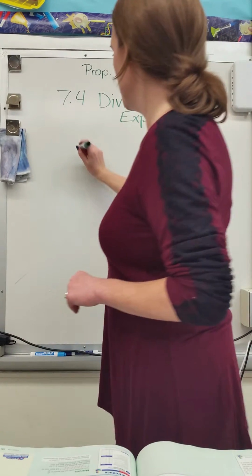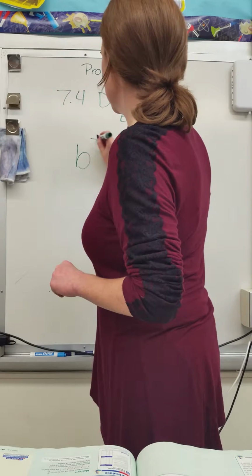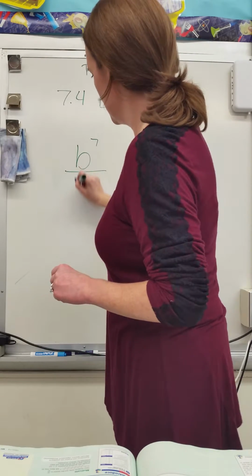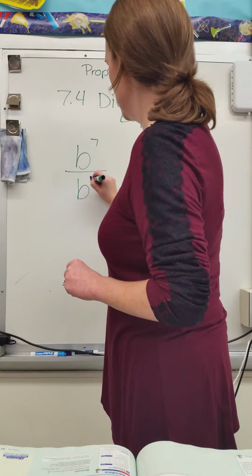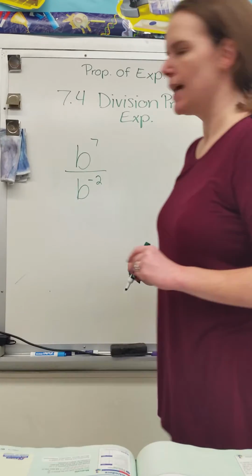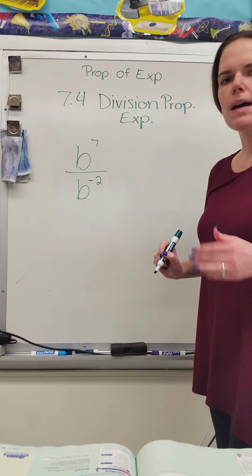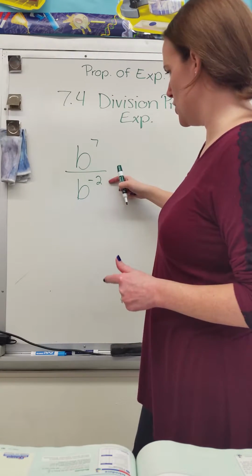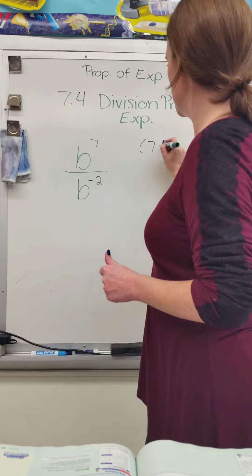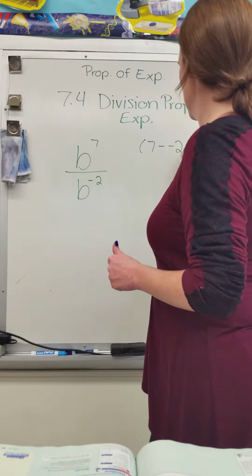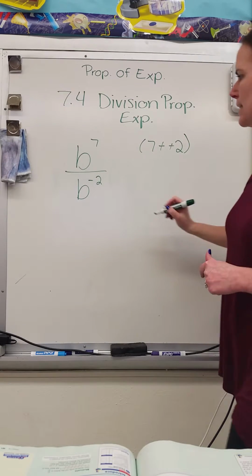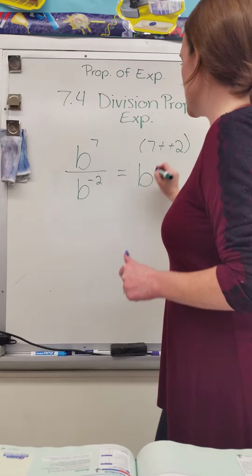Say you have b to the 7th power, and you're dividing that by b to the -2nd. Well, what that means, 7 minus -2. Remember, you have a 7 minus a negative, so that's like adding. You're going to end up with b to the 9th.